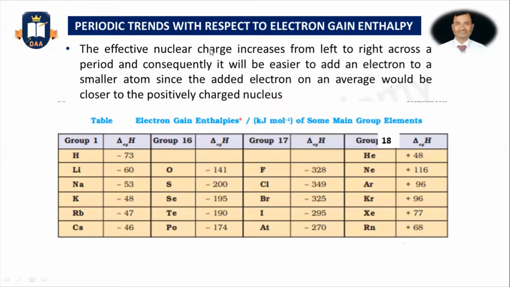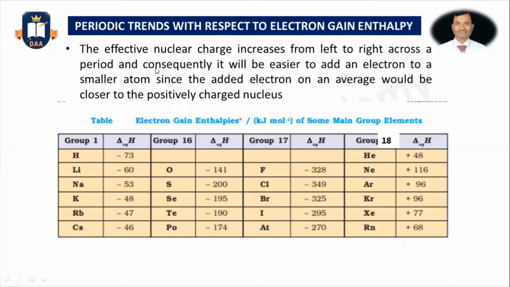So outer electrons will feel more attraction with the nucleus, and that is the reason the effective nuclear charge will increase from left to right of atoms across a period.